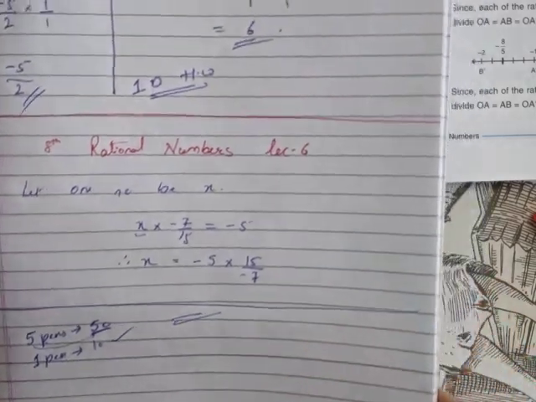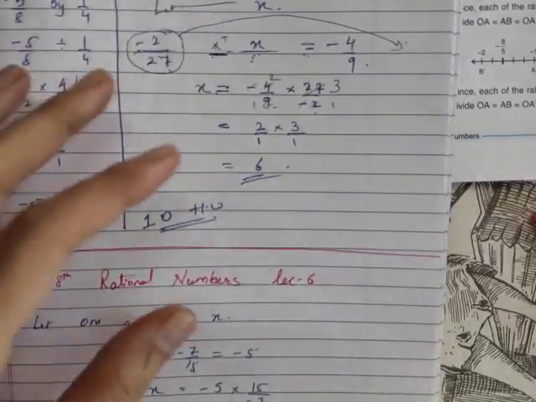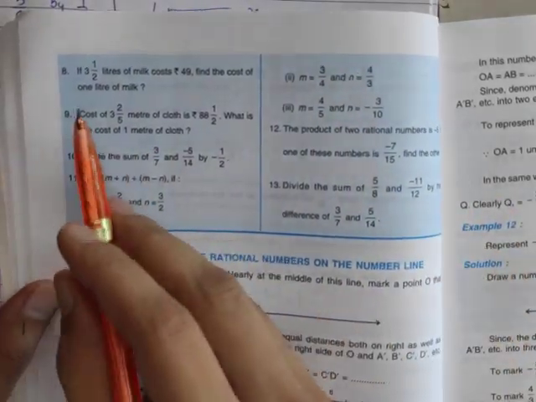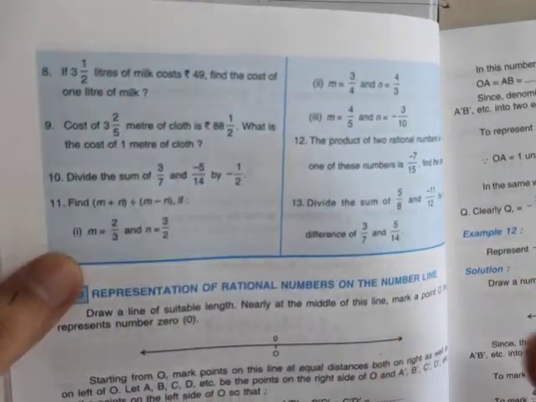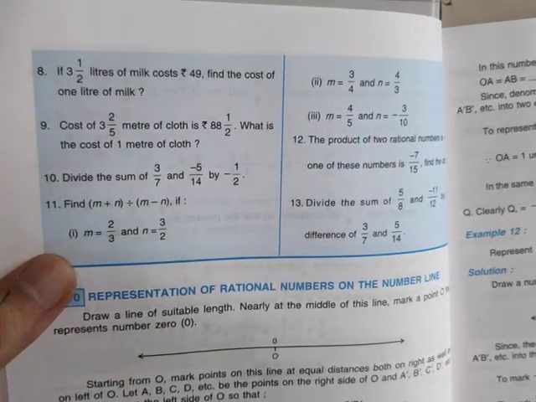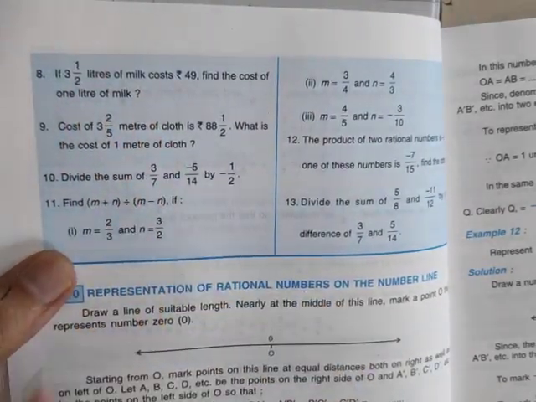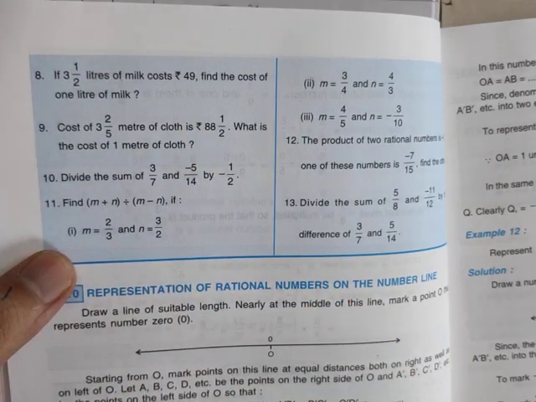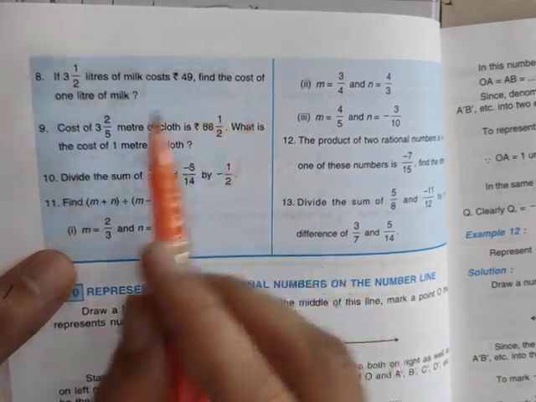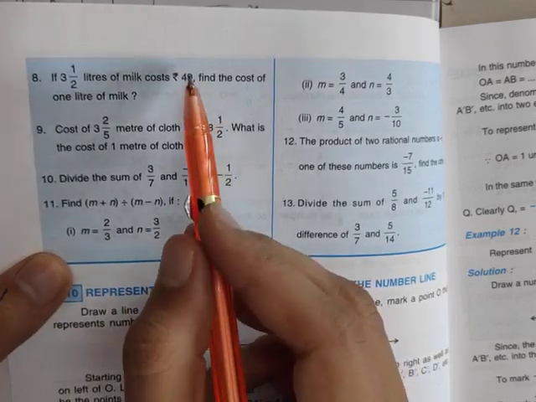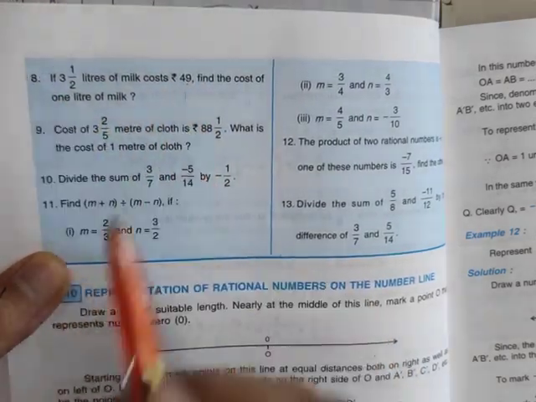Now similarly, we'll have the next question. It says, if 3.5 liters of milk cost rupees 49, find the cost of 1 liter of milk. Same thing, I'll say divide 49 by 3.5.